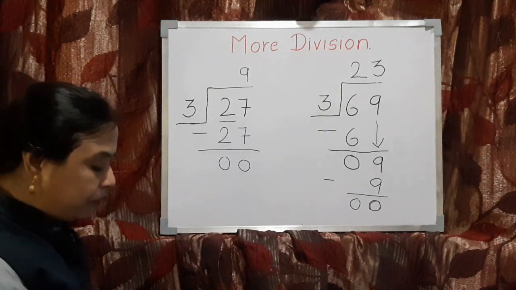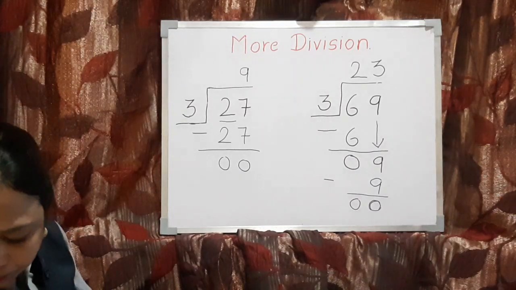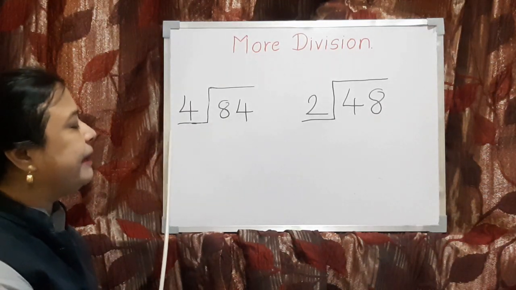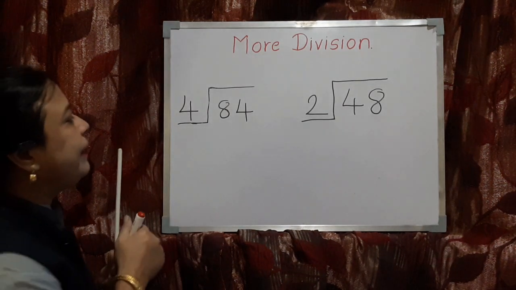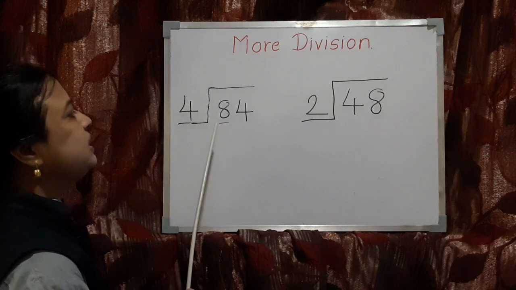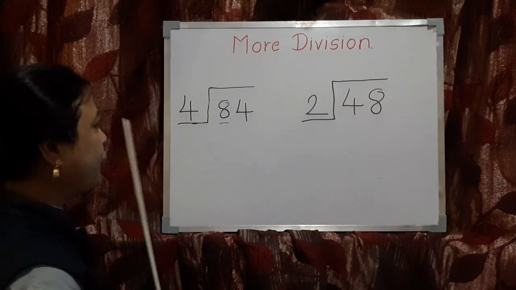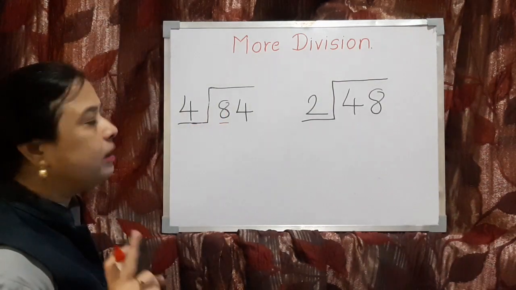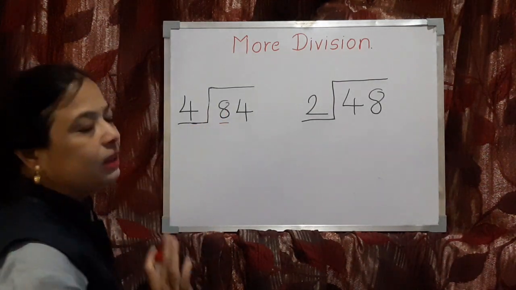I will show you one more sum. Now see here 84 divided by 4. Here also children, when we see the first number here, this 8 is bigger than 4. So what we will do, we are going to take only one number while doing the sum.